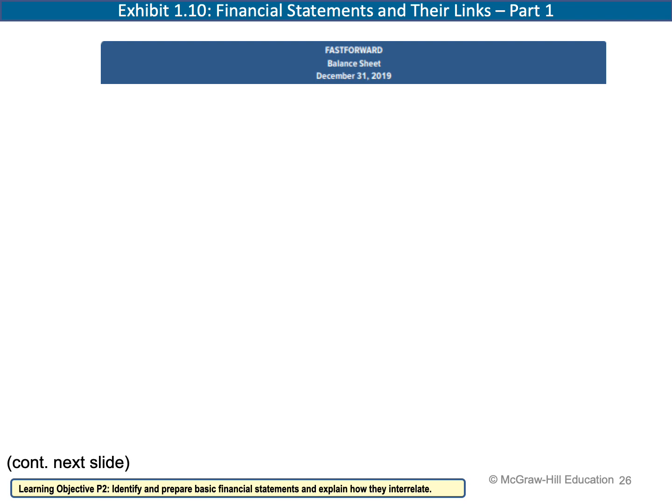The same thing with the balance sheet. We have 3 items that we have to include: assets, liabilities, and equity. Make sure that the assets will be on one side and the liabilities and equity on the other side. So the assets will be on your left hand side and the liabilities and equity will be on your right hand side.